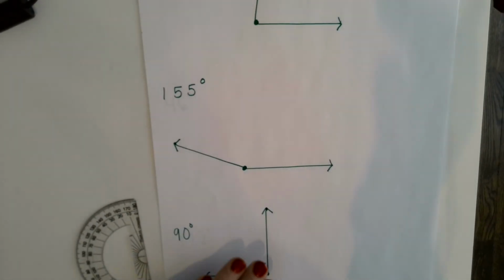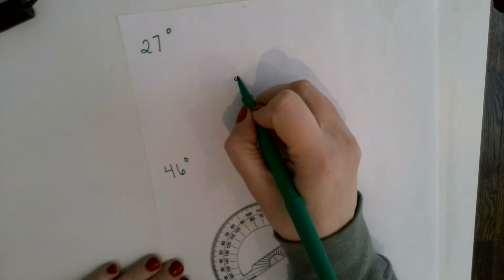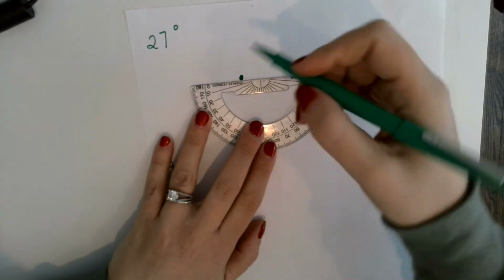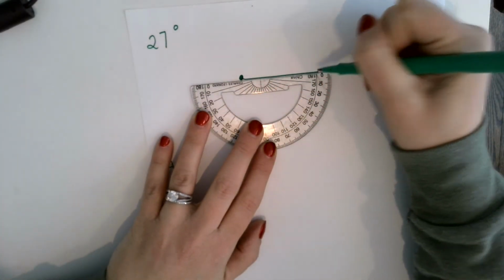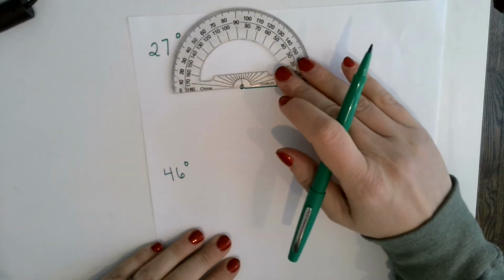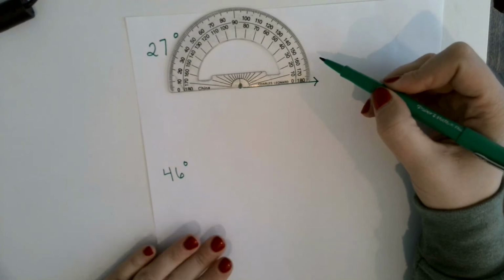So now we're going to do some that are a little bit more challenging, like 27. Okay. So same process, I'm going to draw a vertex, draw my angle opening to the side, line up my protractor. Now 27 is acute, so that means I'm going to want to be over here on this side.